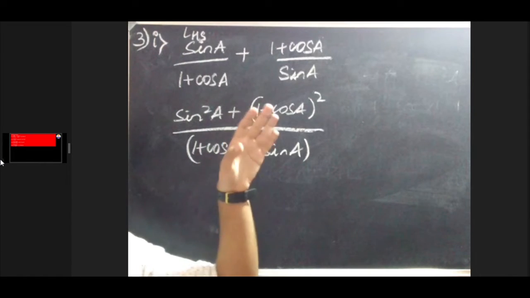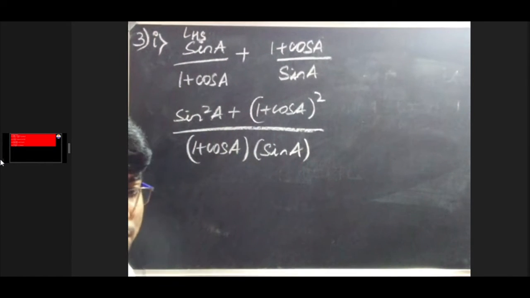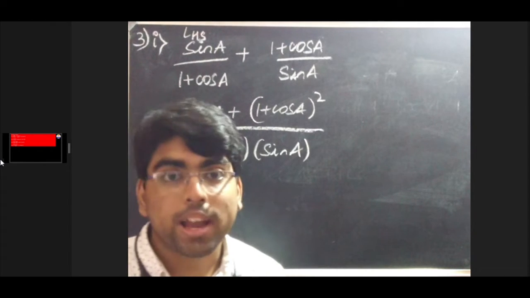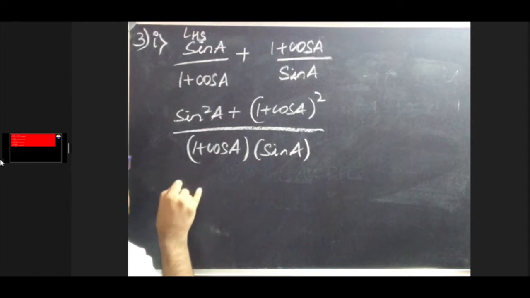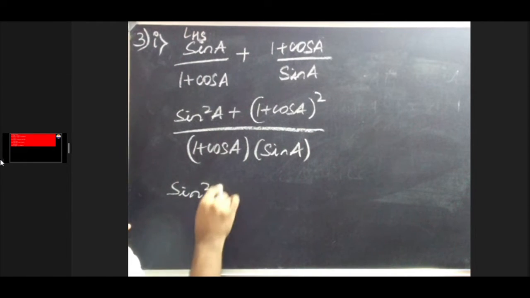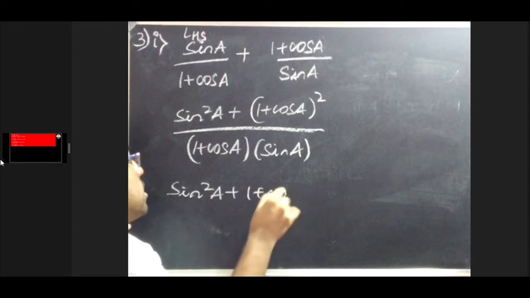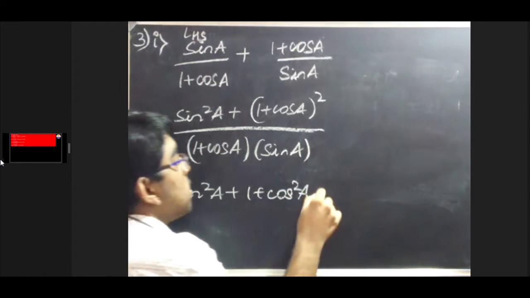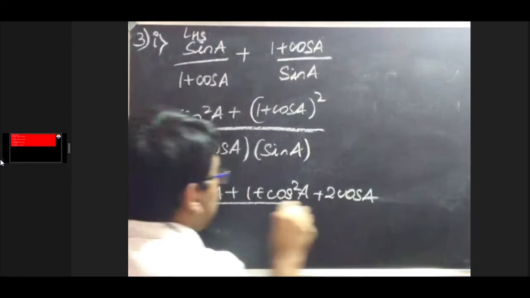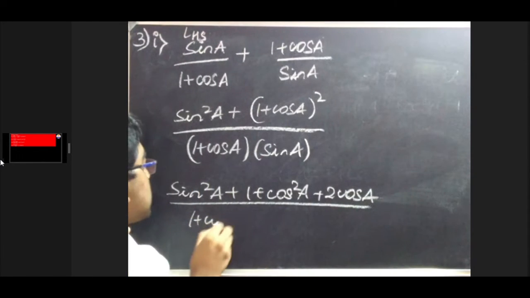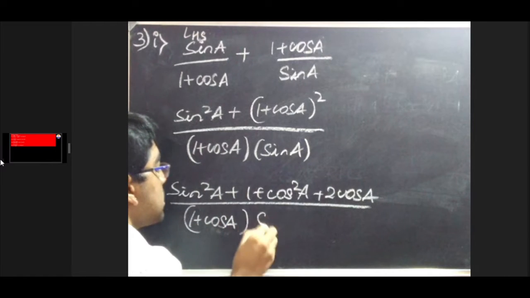I will be erasing from the top as and when I am done. And then at the end, I will be displaying the result on the other window. No need to worry. So, sin square A plus 1 plus cos square A plus 2 cos A divided by 1 plus cos A into sin A.